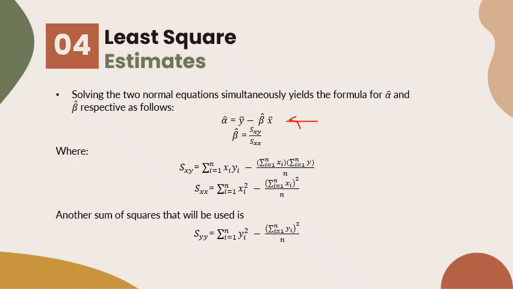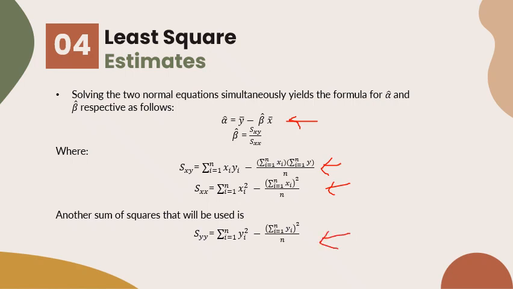Sxy is equal to the summation of x i y i minus the summation of x times the summation of y over n. Sxx is equal to the summation of x i squared minus the summation of x squared over n. Another sum of squares that we will use is Syy, equal to the summation of y i squared minus the summation of y squared over n.